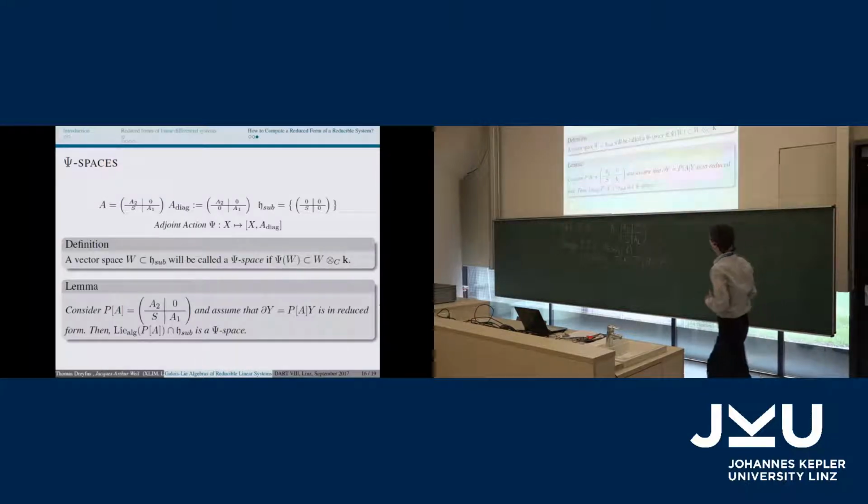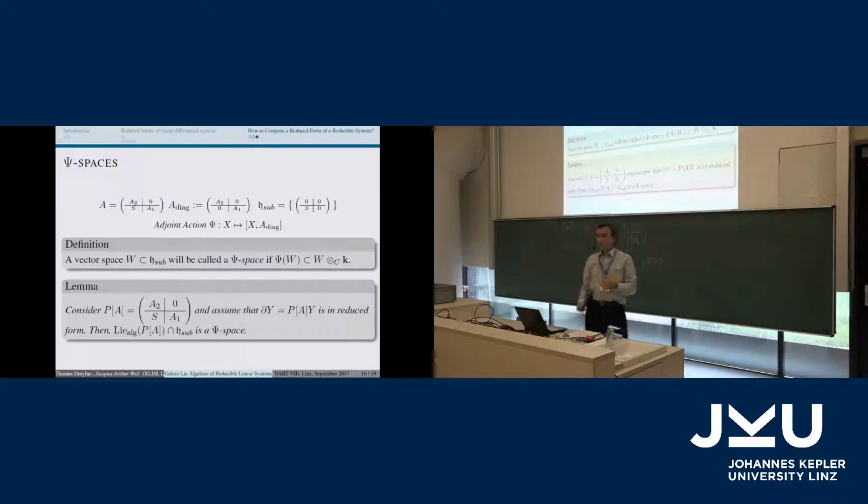So we will look at this psi, the adjoint action, on the off-diagonal matrices. If we have a vector space, so this is a structure of a C over the constants, we will call it a psi space, so it's somehow stable if its image is stable modulo extension by scalars, because psi extends a C structure to a K structure.